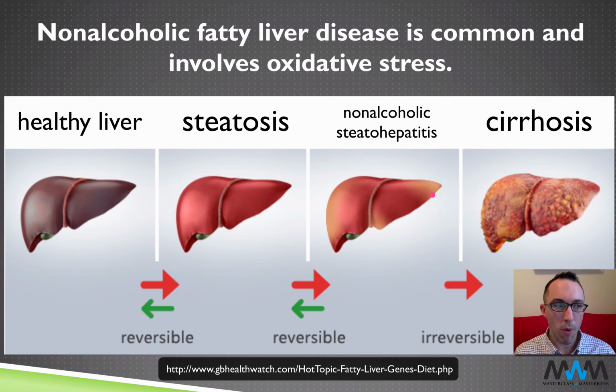And the more and more that progresses, the more and more you have irreversible changes as healthy liver tissue is replaced with scar tissue. And you can get cirrhosis, you can get liver cancer, and you can get liver failure.